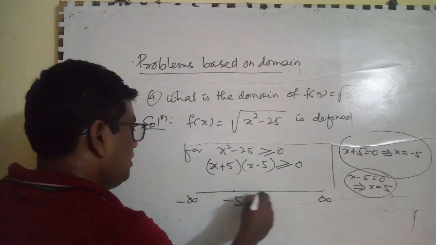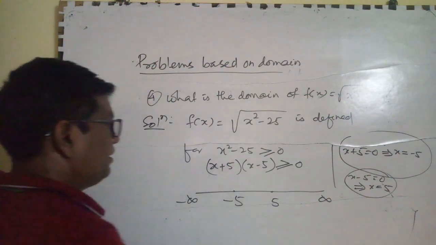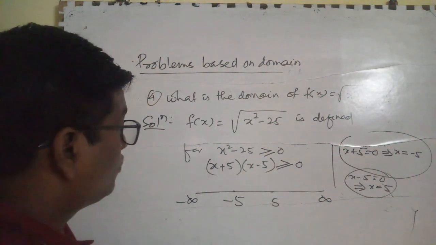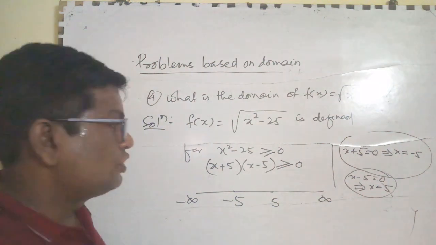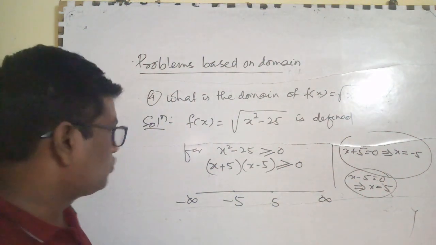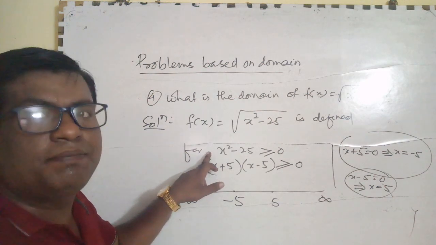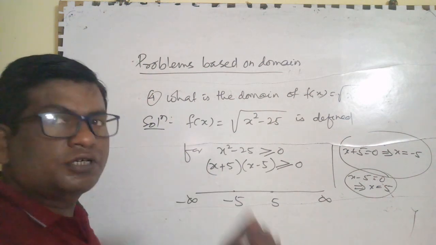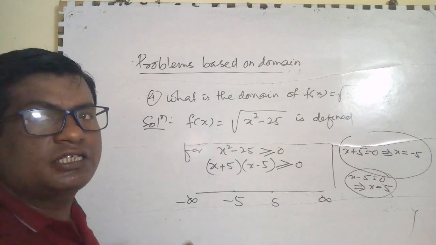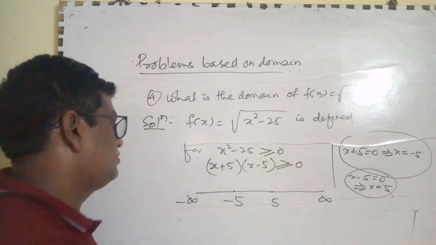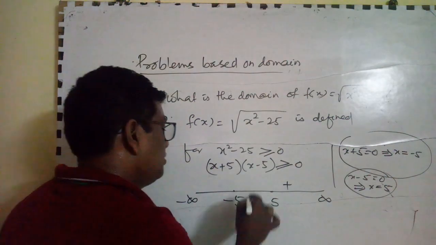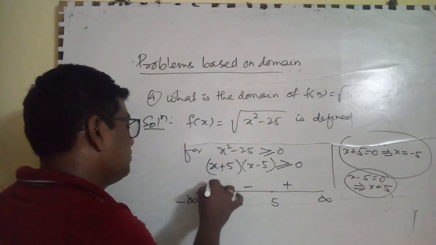That is minus 5 and plus 5. Sign rule is important here, so pay attention, dear students. Here the coefficient of x square, that is 1, is positive, so put plus, minus, plus from right to left.